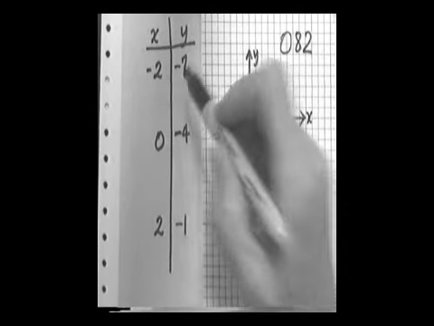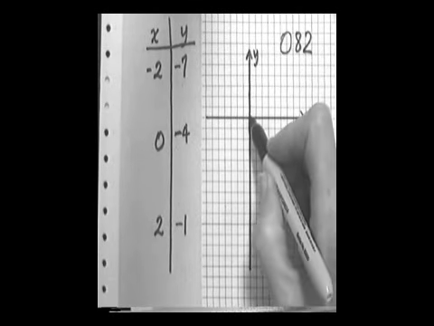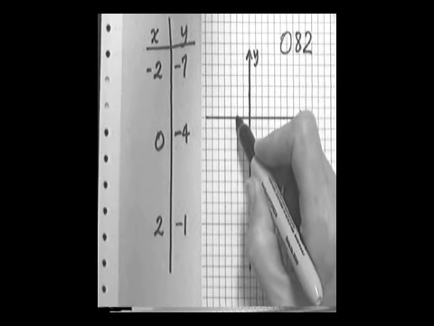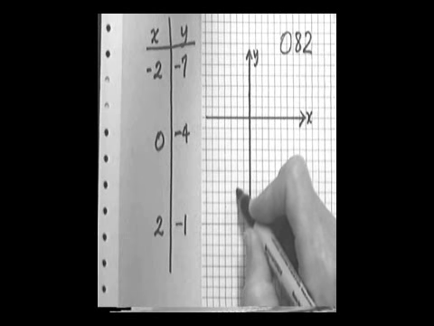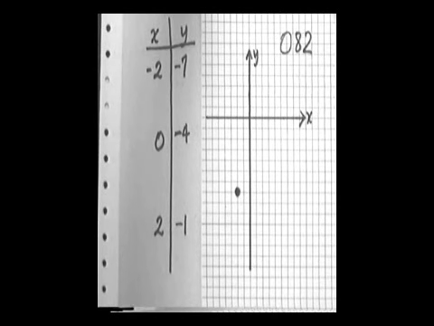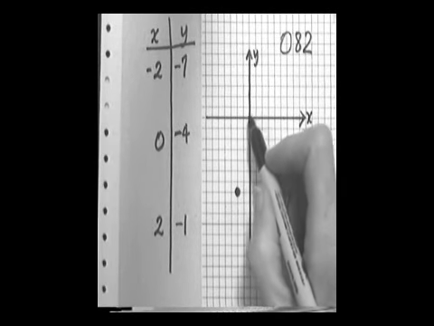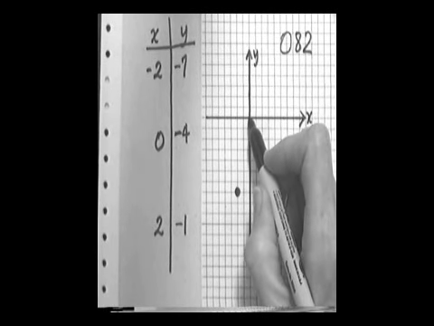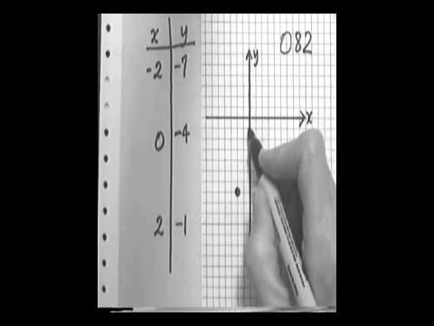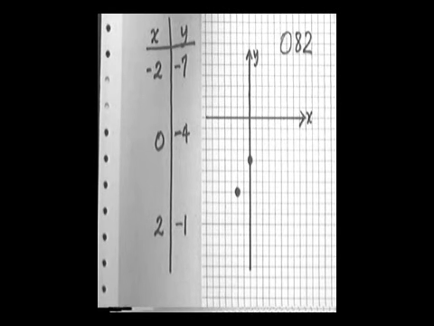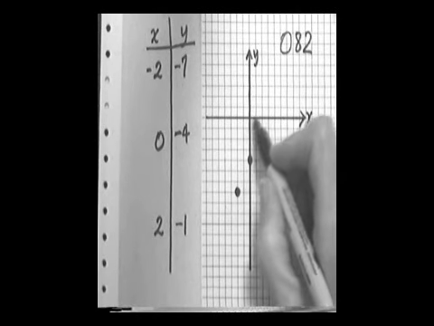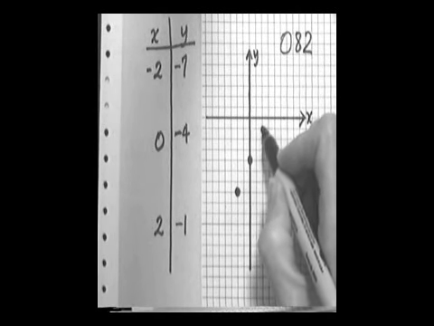Well, let's graph negative 2, negative 7. Starting at the origin, we count to the left 2 and down 7. 1, 2, 3, 4, 5, 6, 7. 0, negative 4. Start at the origin, we count 0 sideways and 4 down. 1, 2, 3, 4. 2, negative 1, we start at the origin and count to the right 2 and down 1.